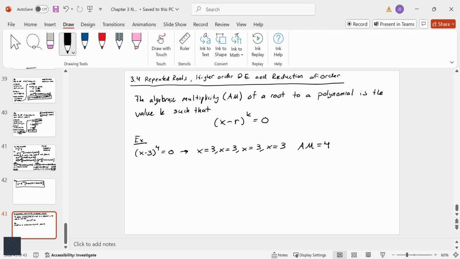Now, how does this play into differential equations? Well, I'm not going to justify where this answer comes from. You're just going to take it as fact for now. If you do watch the reduction of order, it'll make sense where it comes from.